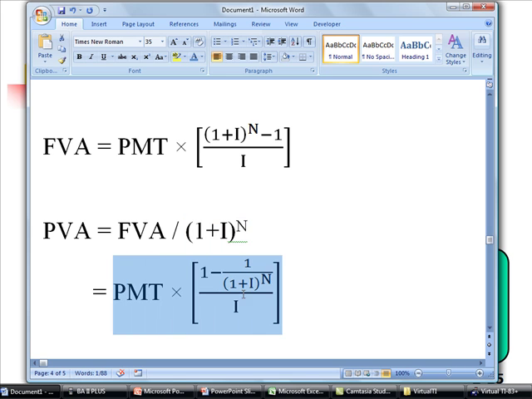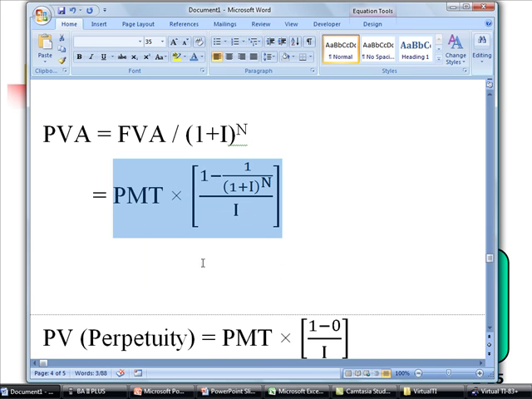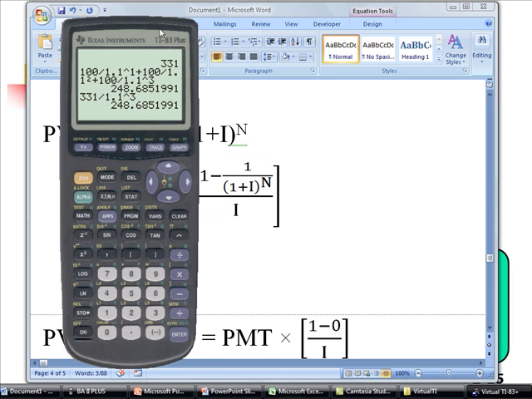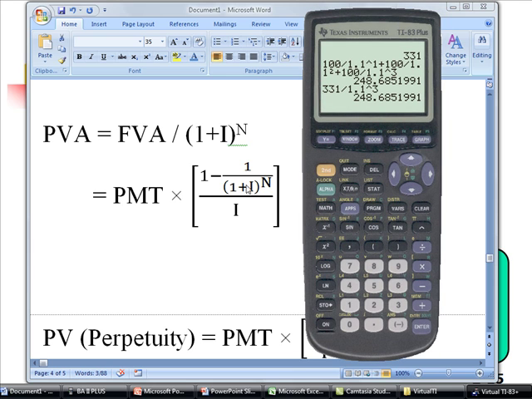The approach that I use most of the time when I need to rely on the formula is this. I'll take the payment and multiply by the present value interest factor for an annuity. It looks a little bit complicated, but honestly, once you've cranked through a few problems using the formula, it's really not too bad at all. So here's how I would probably go about that for this problem.